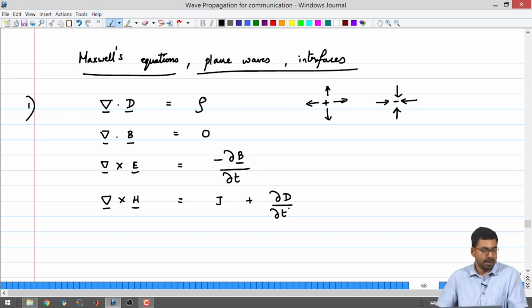So, I have written the Maxwell's equations. There are two curl equations and the two Gauss's laws.